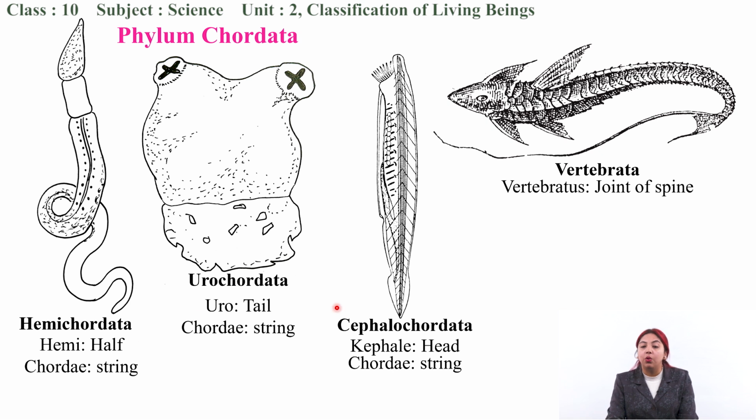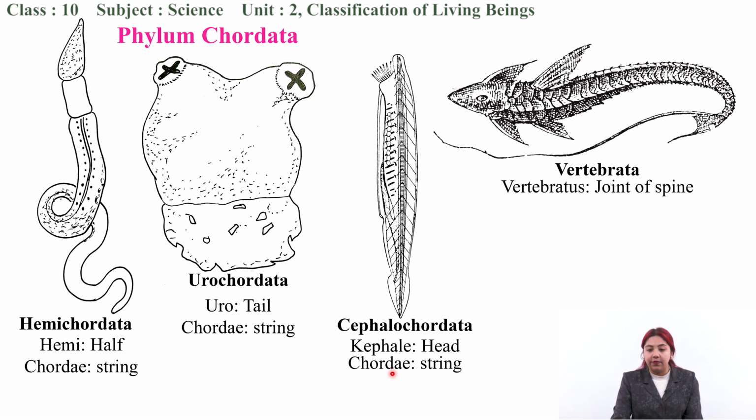Now in Urochordata the notochord is present only in the tail of the larval stage. In the adults they do not have a notochord, it disappears, but in the larval stage the tail region of the Urochordata has the notochord in it.